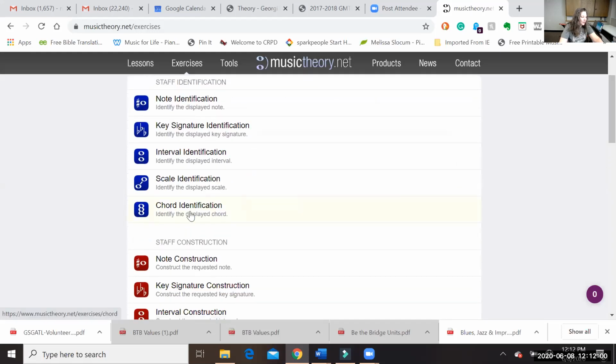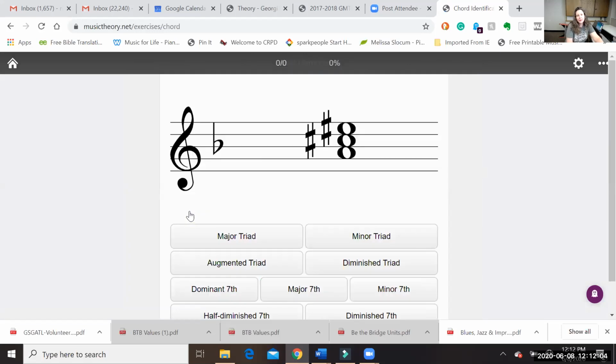If you want to work on chord identification, this is a good exercise that will help you with that exercise that we did on drawing those triads. And so here on the screen you can see they've given you a key signature, they've given you a triad, but now you have to think this through and think about what key are you in and what triad do you have. We know we're in the key of F major if we're using the major key.